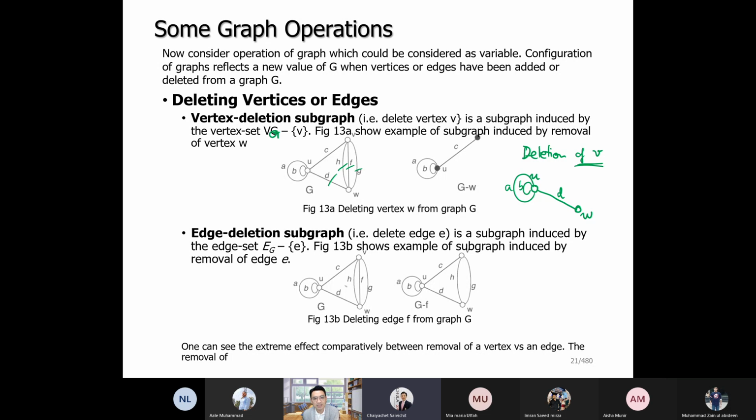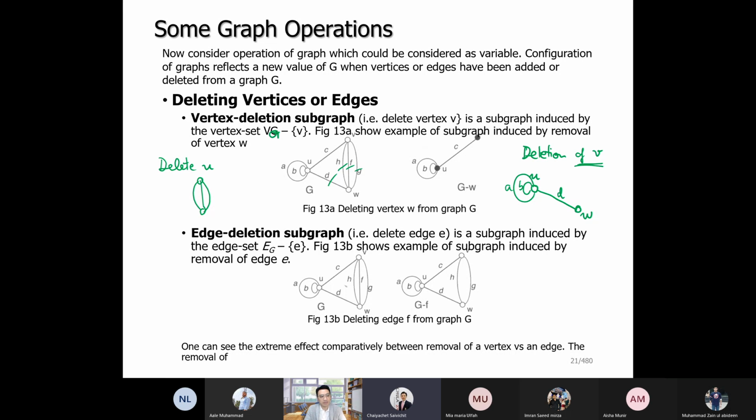So this is the induced subgraph when you delete vertex V. What about deleting vertex U? Then it will go V to W only. So it would be something like this left, right? Yes. Okay, good.